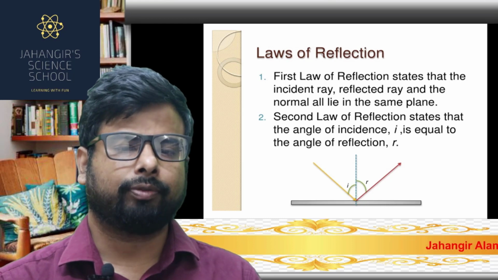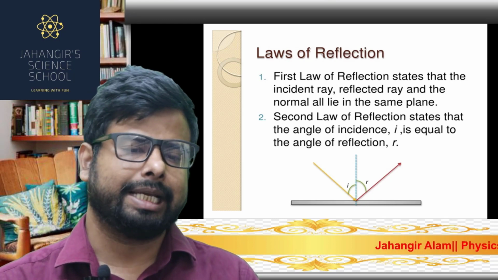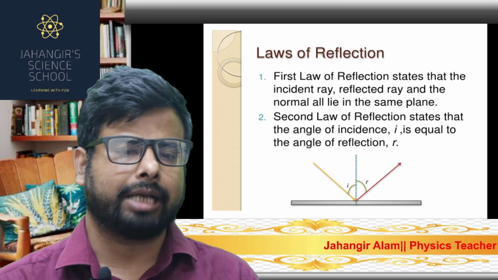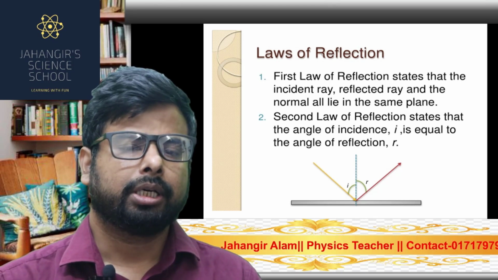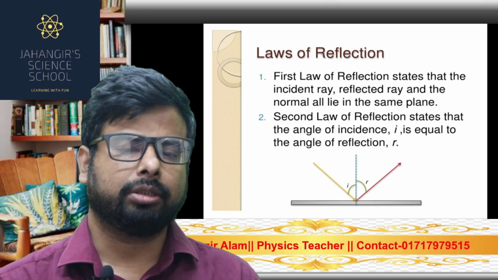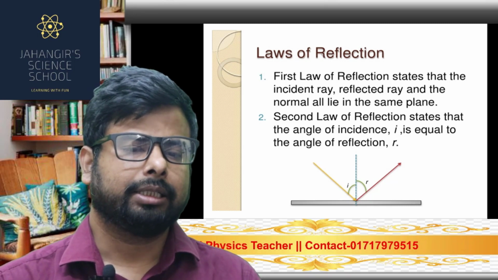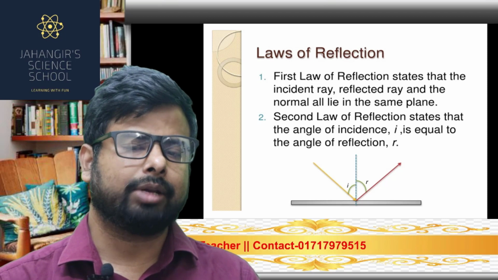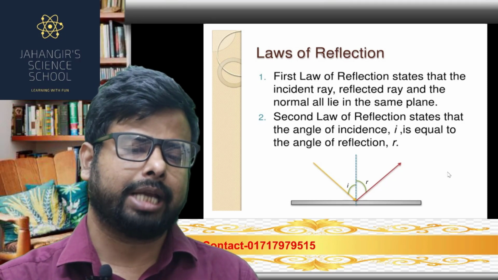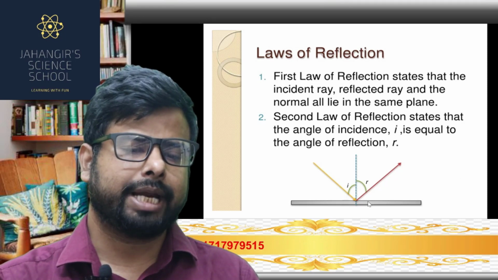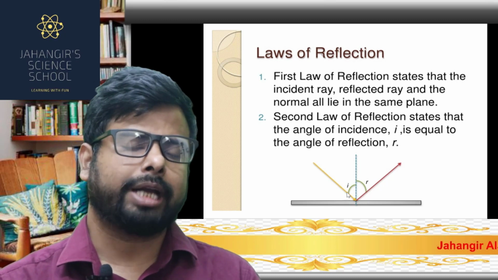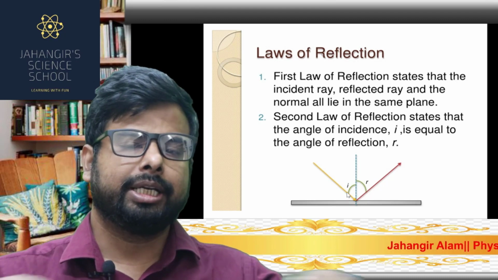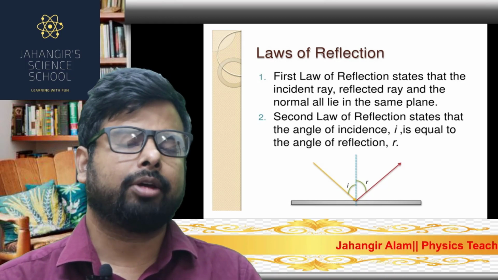First law of reflection states that the incident ray, reflected ray, and the normal all lie on the same plane. Second law of reflection of light states that the angle of incidence i is equal to the angle of reflection. Look at the diagram here. So incident ray, reflected ray, and normal drawn at the point of incidence with the reflecting surface all lie on the same plane.